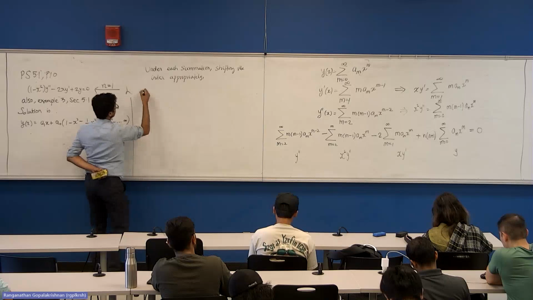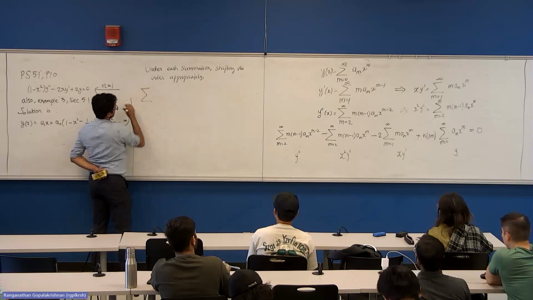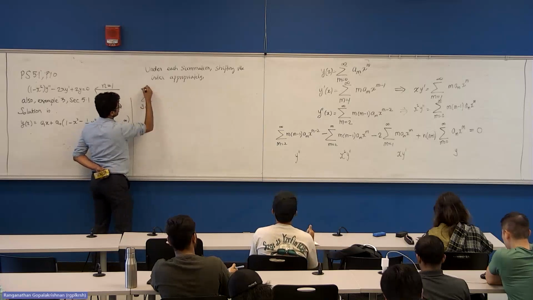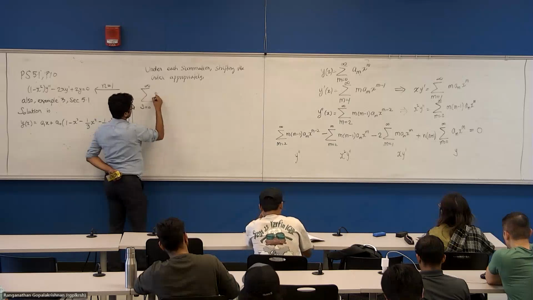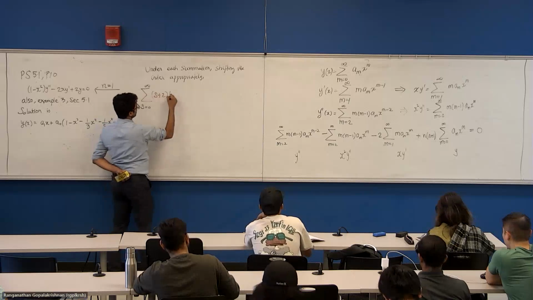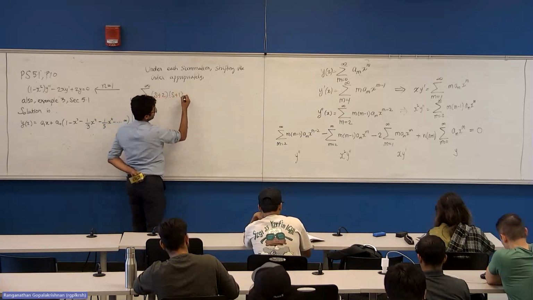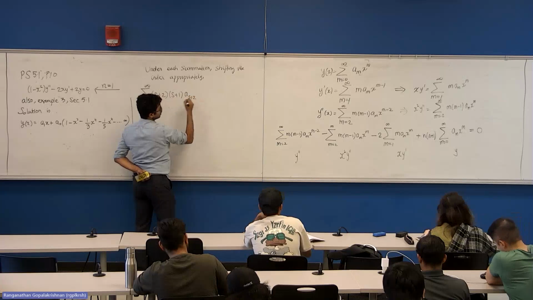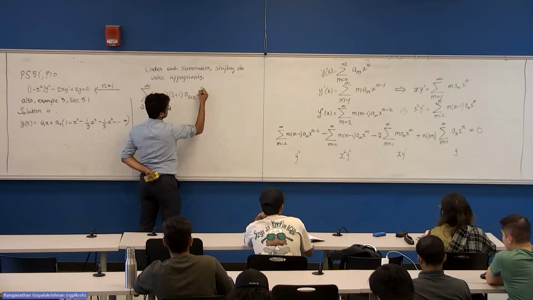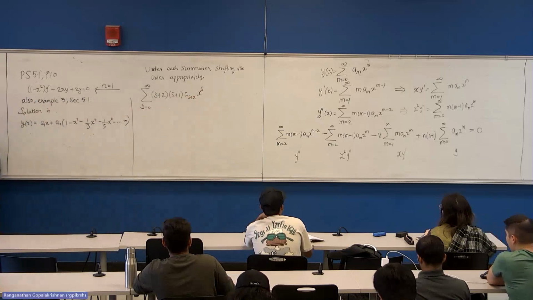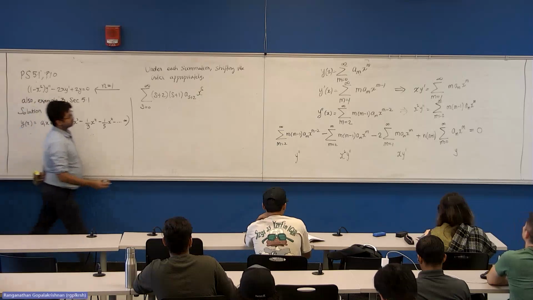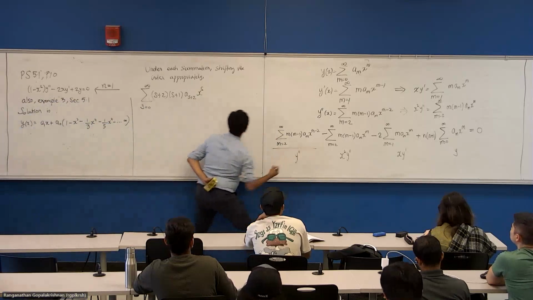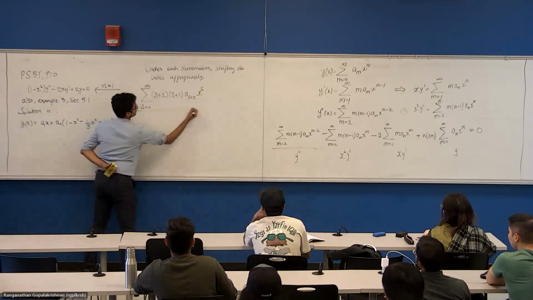Okay, so I'm going to write this as the sum from s equal to 0 to infinity of (s plus 2) times (s plus 1) a sub s plus 2, x power s. Can you tell me what I have done?